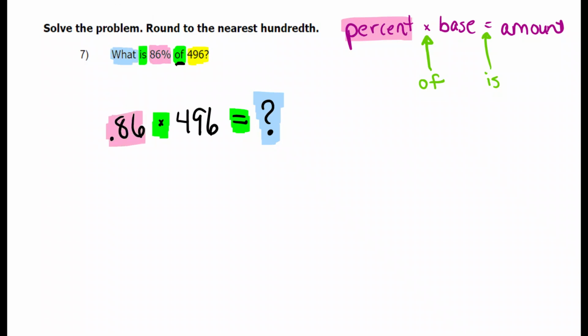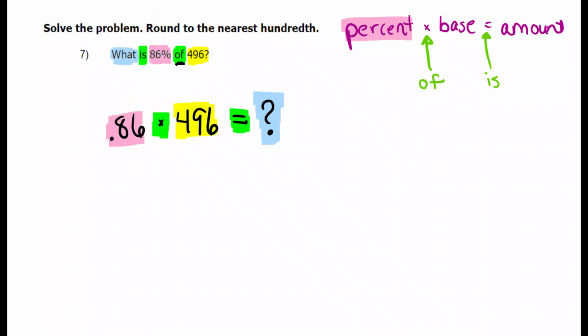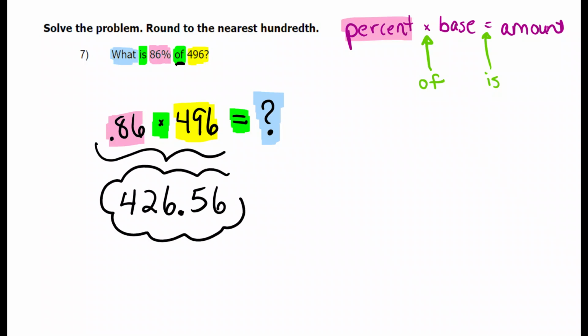And then you've got the percentage here and the base there. And since this is set equal to the question mark, all I have to do is multiply. Just take 0.86 times 496, and you should get 426.56, and that's the answer to number 7.